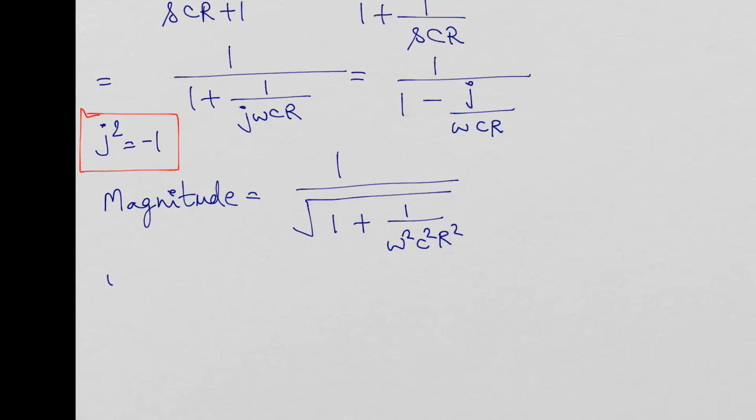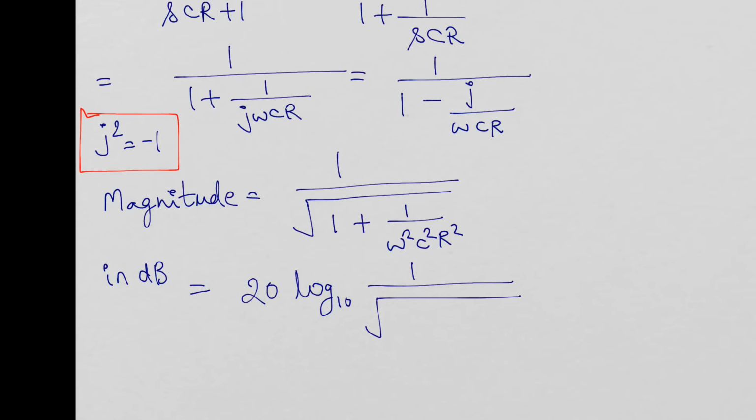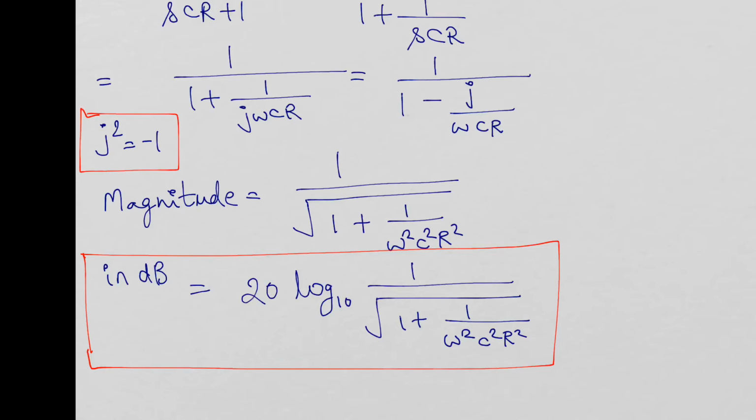If you write it in decibels, it would be 20 log to the base 10 of 1 over the square root of 1 plus 1 over omega squared C squared R squared. This is the magnitude in dB.